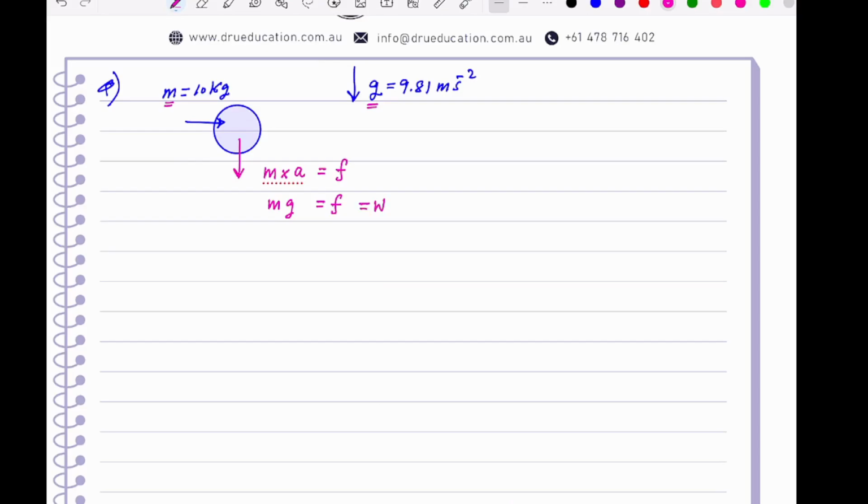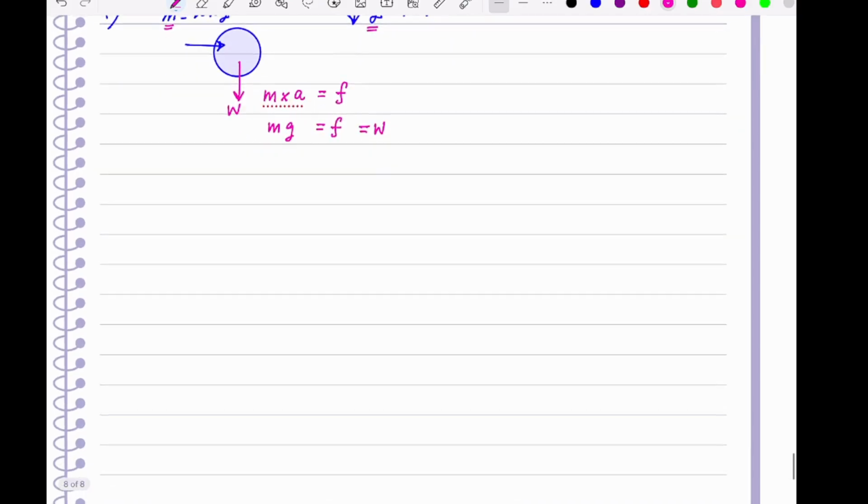So this is W. So when you have an object in space with mass m, you can say the weight of that would be mg, and the unit is newtons. That's a force, right? Sometimes people call it gravitational force. It doesn't really matter what you call it, but we have to understand the physics behind it.